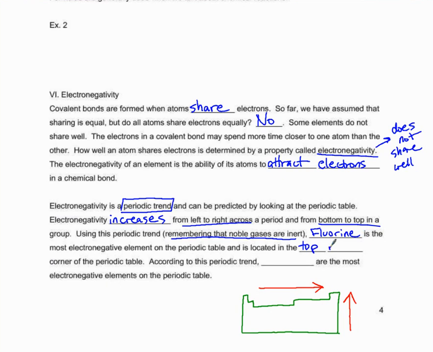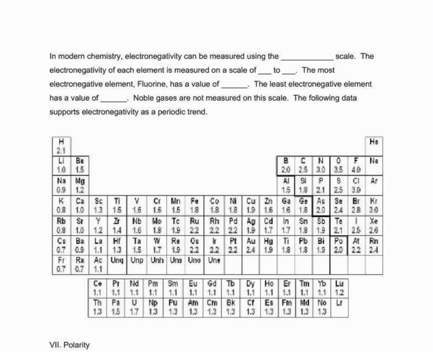So it's located at the top right. And according to this trend, in general, this area of the periodic table is the most electronegative. And these are nonmetals. In general, nonmetals are the most electronegative elements. So that's the periodic trend, and it's very helpful because all we have to have with us is the periodic table.